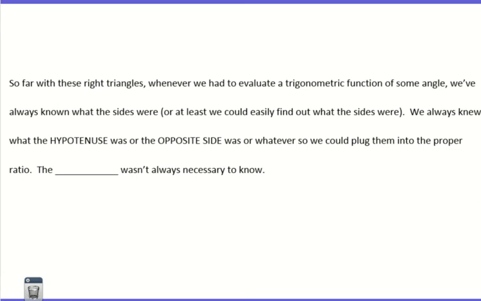The what? The angle. Who cares what the angle was as long as we could find the sine of an angle. We didn't need to know what the angle was as long as we knew the opposite leg, how long that was, and how long the hypotenuse was. We didn't really always need to know the angle.